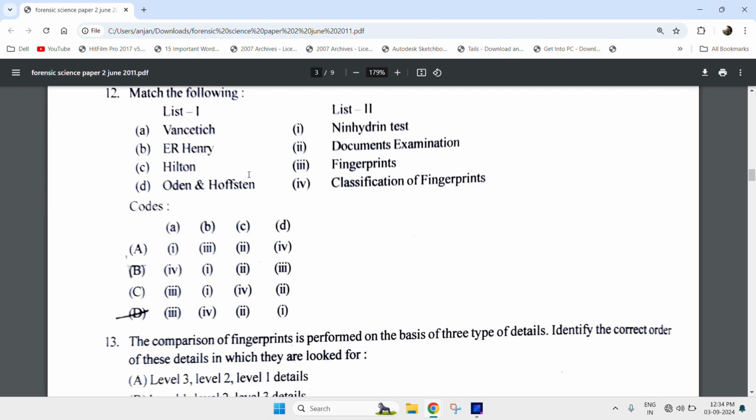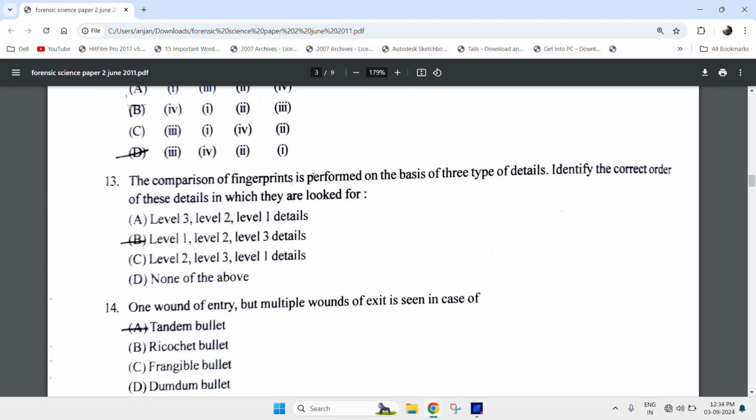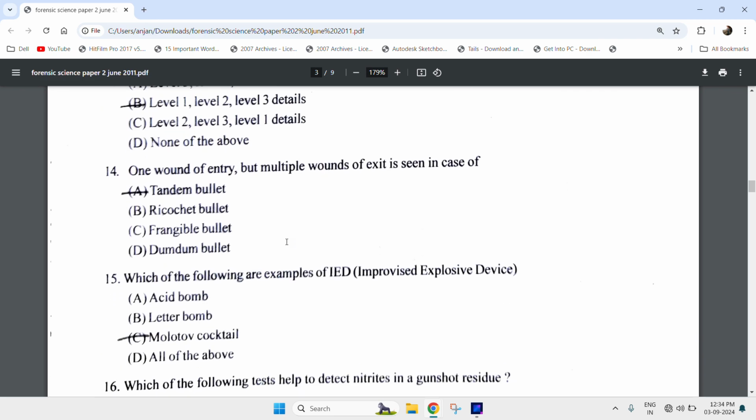Document examination, Austin Houston. Ninhydrin test. The classification of fingerprints is performed on the basis of three types of details. Identify the correct order of the details in which they are looked for. Level 1, Level 2, and Level 3 detail.